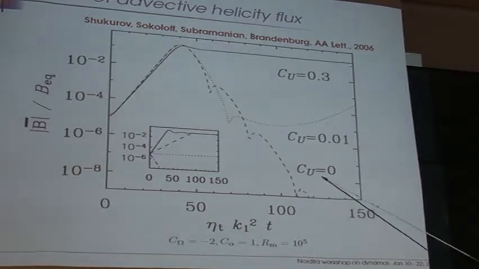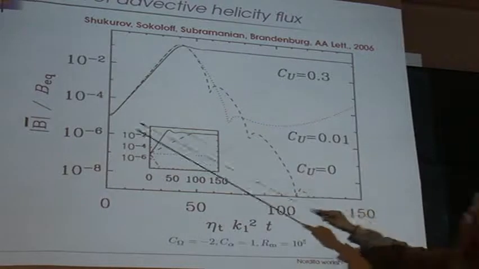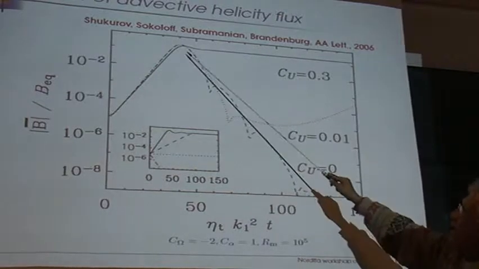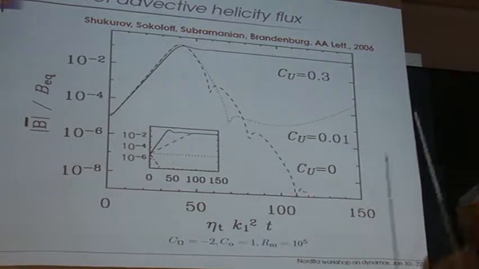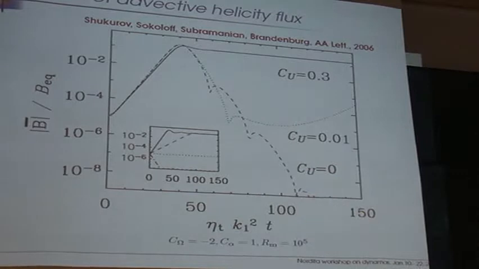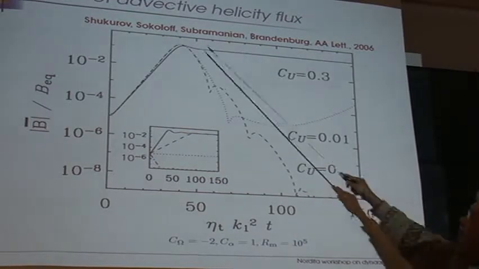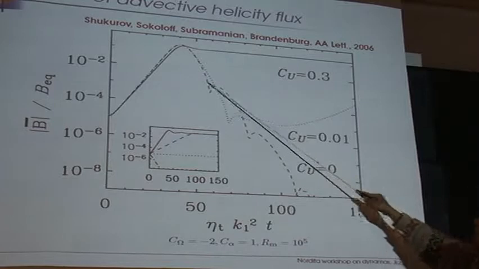If the advection is 0, then initially the mean field grows, and as the mean field grows, it produces magnetic helicity because of helicity conservation. Because it produces magnetic helicity, the alpha magnetic grows, and the alpha magnetic opposes the alpha kinetic. After a certain point, the alpha effect becomes subcritical, so everything decays.